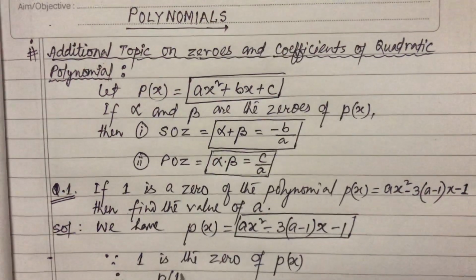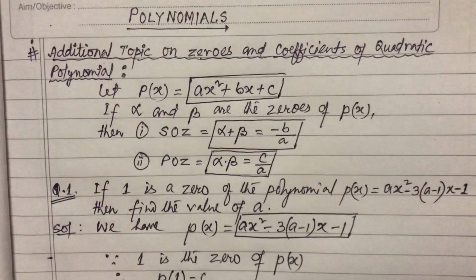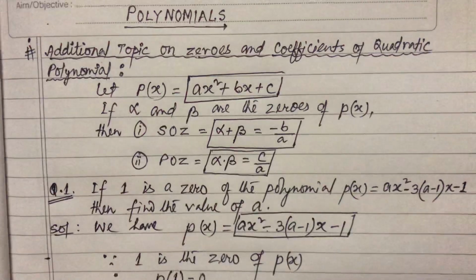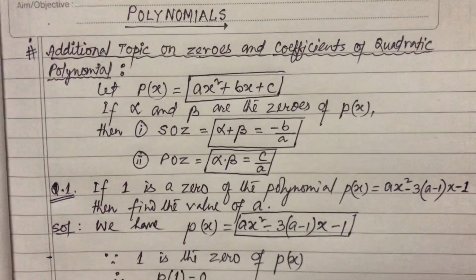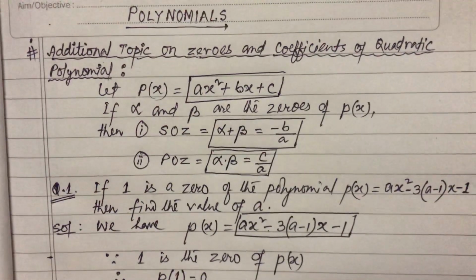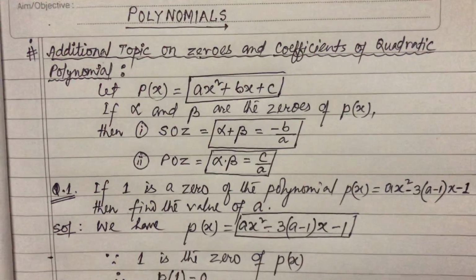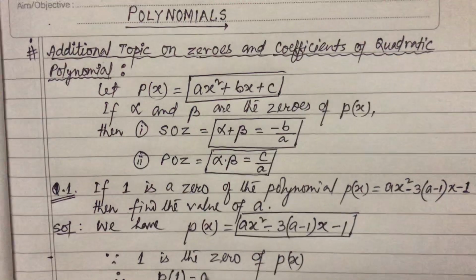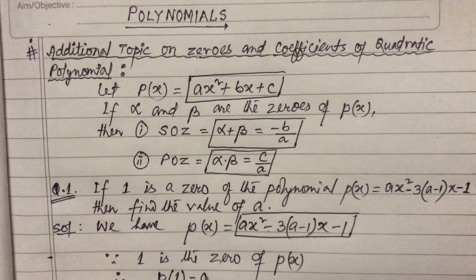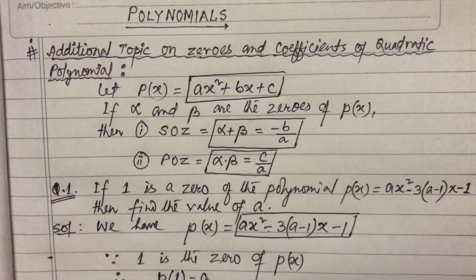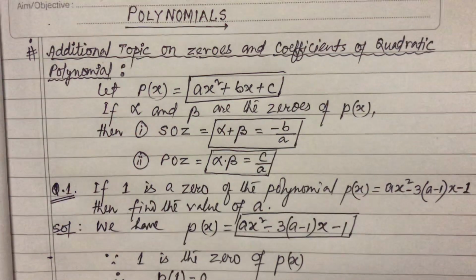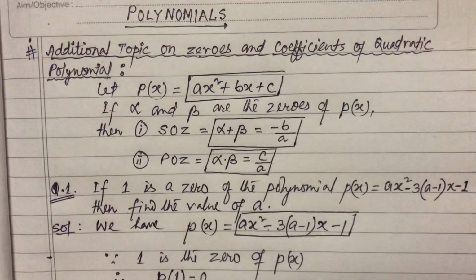So we can write p of 1 is equal to 0. Now we can continue here. This is in fact based on a class 9 concept. There you have learned the remainder theorem. Using that remainder theorem or the factor theorem, we can find this unknown a.